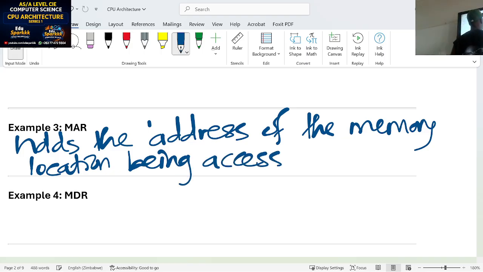Then next we might be interested in MDR, that's memory data register.